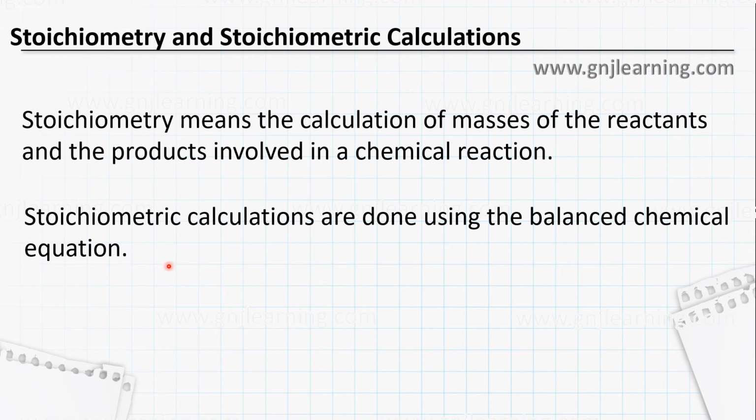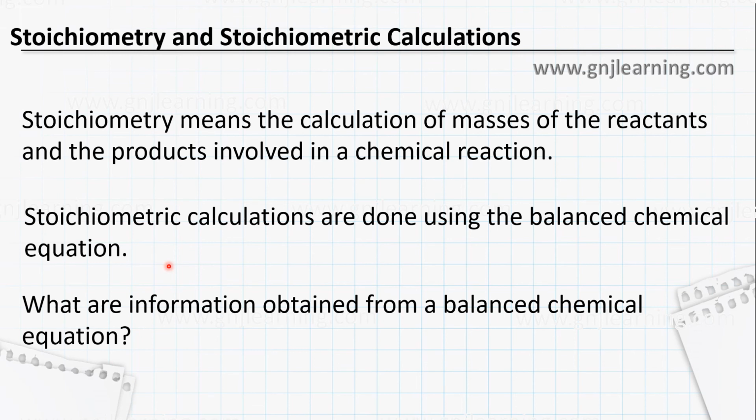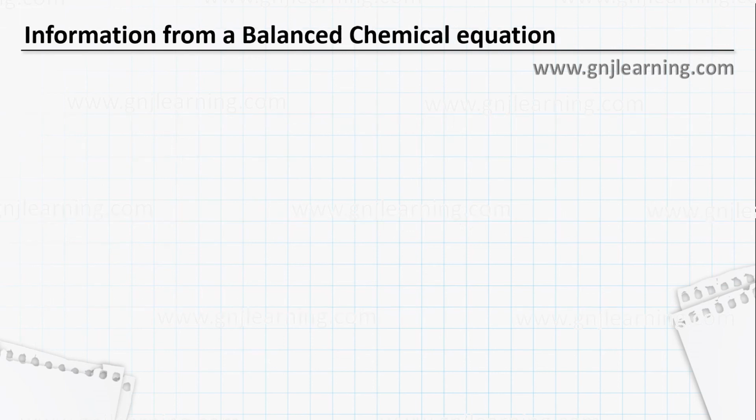So first of all, what we have to find out is what information can be obtained from a balanced chemical equation. That's what we are going to see in the next slide. So, information from a balanced chemical equation.